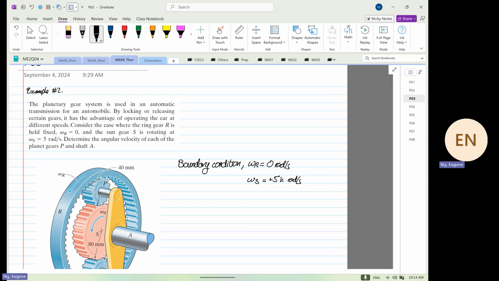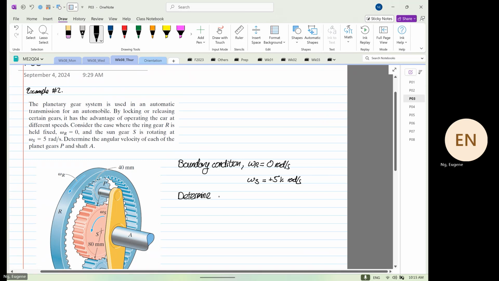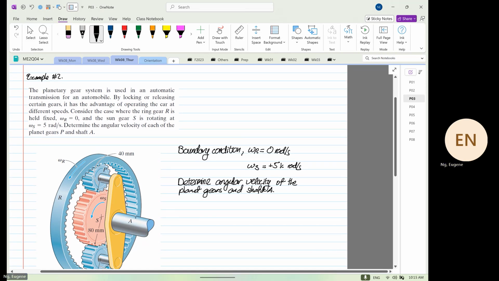So we have to determine the angular velocity of the planet gears and shaft A. So what we don't know is shaft A. We don't know what is omega A down here, and we have not a clue what is our omega P. Okay, so those are the things that we don't know.